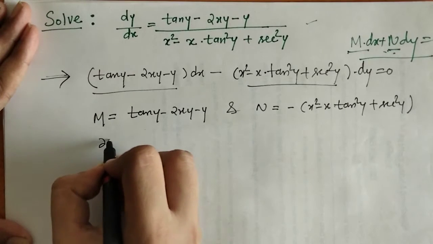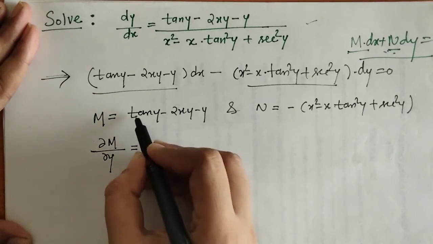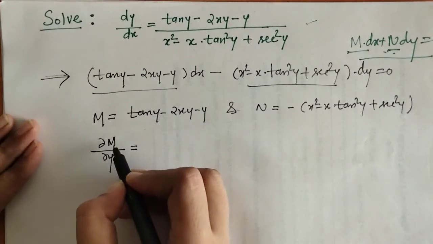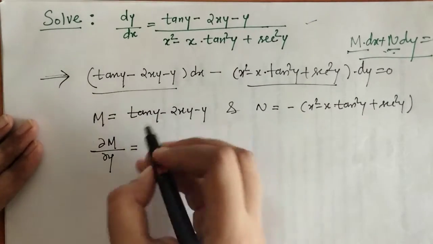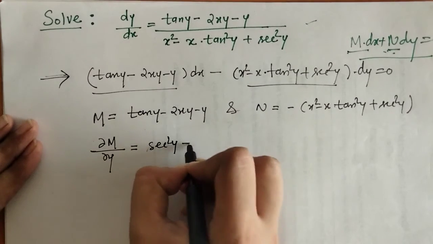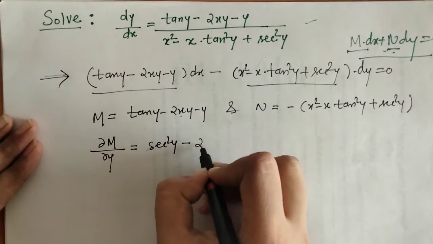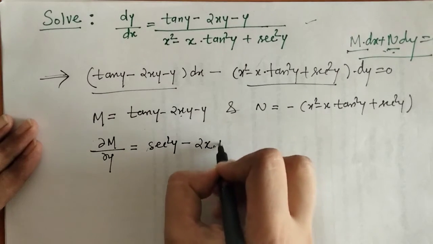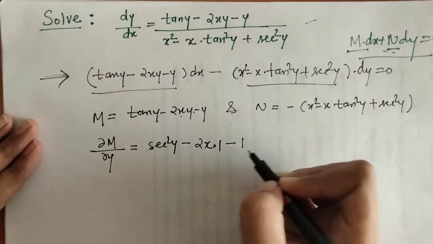Now we have to find the partial derivative of M with respect to y. What is its differentiation with respect to y? We have to differentiate M with respect to y, keeping x as a constant. So the derivative of tan y is sec square y, minus twice x times the derivative of y, which is 1, and minus the derivative of y, which is 1, right?